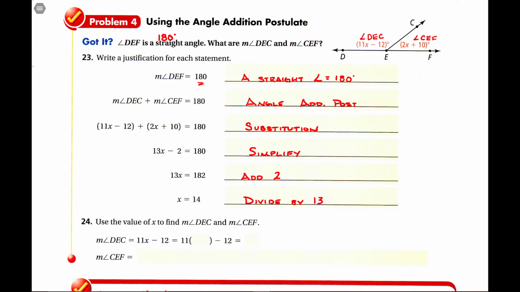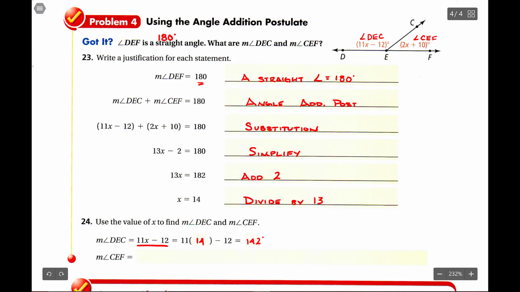So if we substitute 14 in for the measure of angle DEC, remember it's initially 11x minus 12. Now it's going to be 11 times 14 minus 12. When we multiply 11 times 14, it's 154. 154 minus 12 is 142. So the measure of angle DEC is 142 degrees.